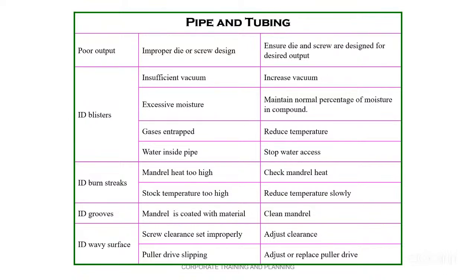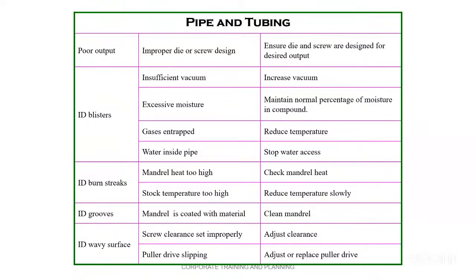Here, if there is improper die or screw design, poor output, then ensure the die and screw are designed for the desired output. Suppose the inside diameter has blisters, then there is insufficient vacuum, therefore increase the vacuum.